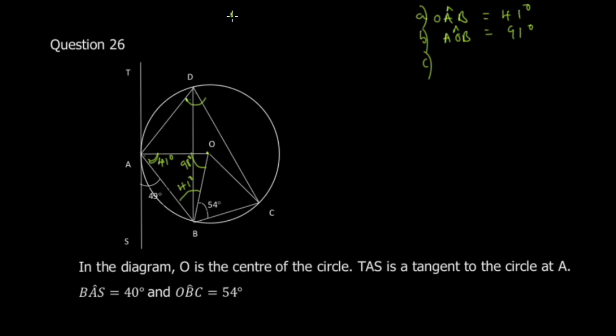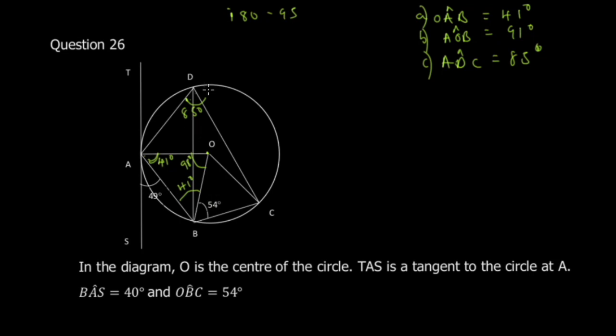So 180 minus 95, I want to find what we get. So 180 minus 90, you get 90. Minus 5, you get 85, okay? So this one would be 85 degrees. So ADC, 85 degrees, like this. So this one was a bit easier.